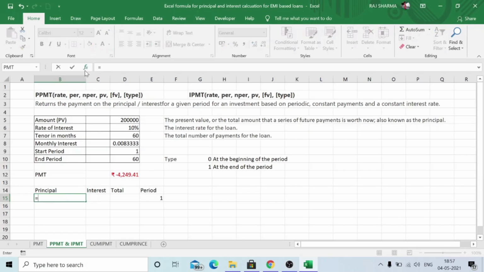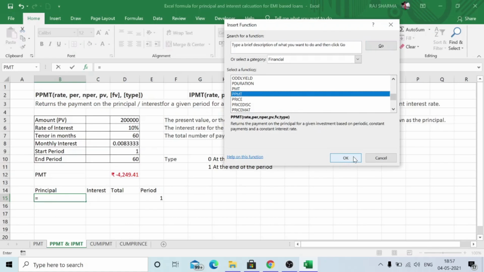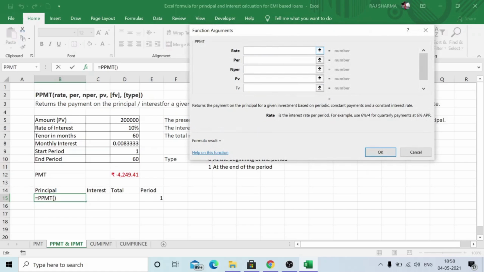So again go to the insert function, choose the PPMT. Here also you can see the PPMT formula, and now put the rate. So rate again divided by 12 as we are going by the monthly. Per, now per specifies the period. So here we are talking about the period, that is the first month. So we will choose the 1.